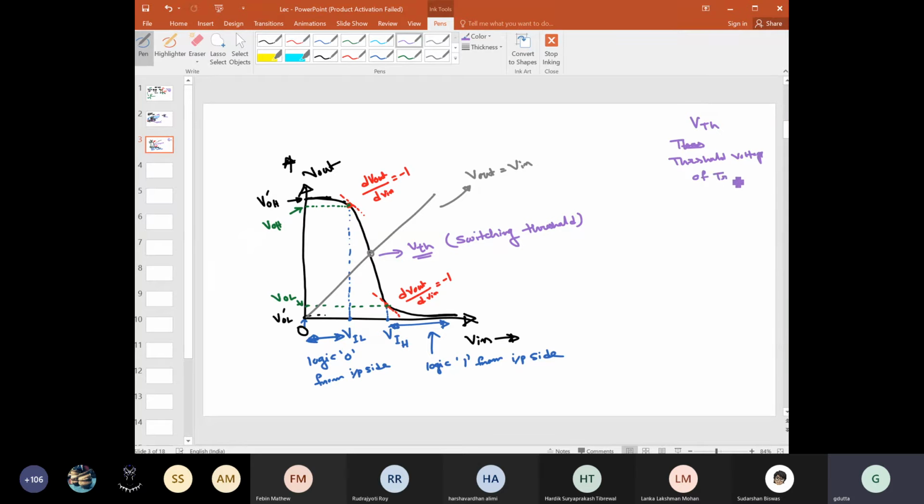For N channel, we will use N, and for P channel, we will use P. And we will use this V small t h to denote the switching threshold or the threshold voltage of this inverter.